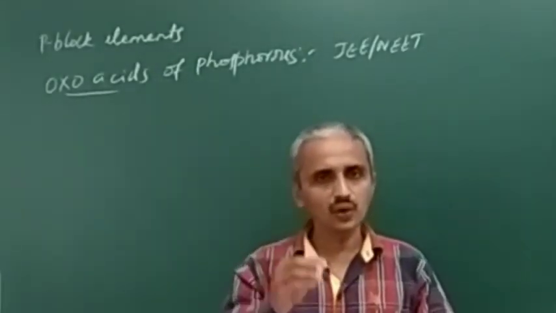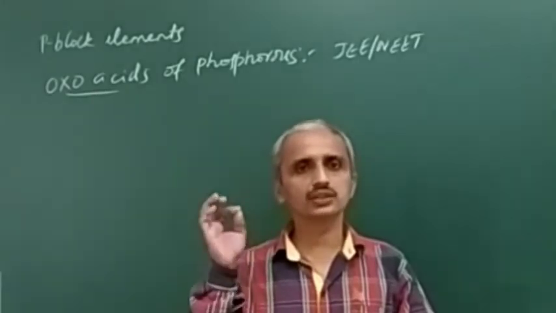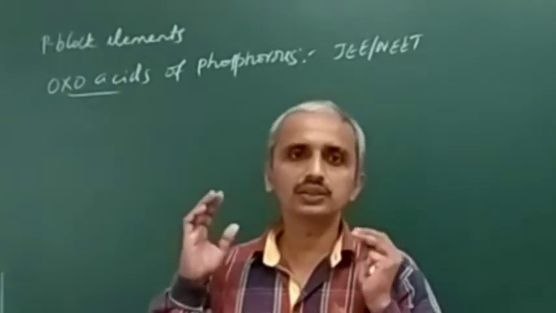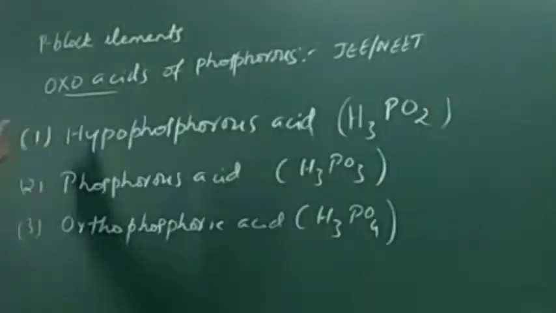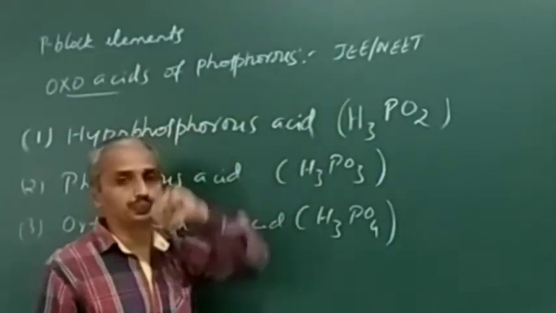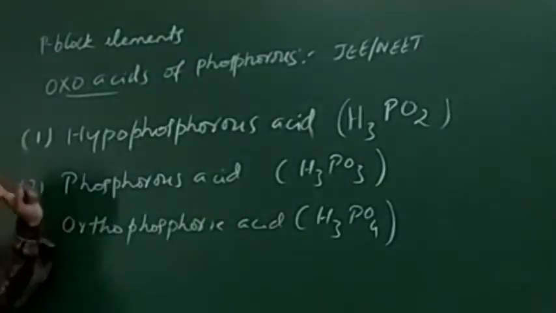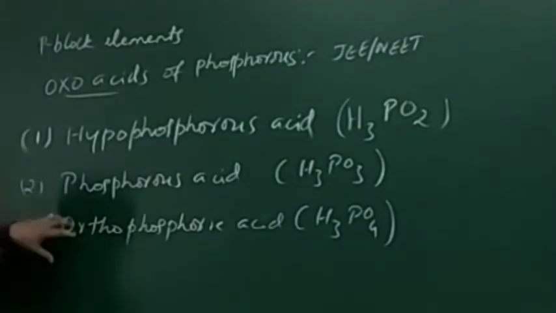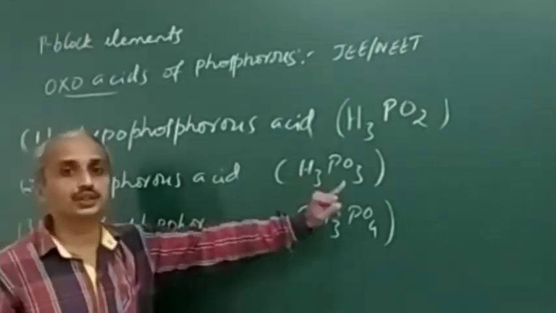First of all, we see which are the oxo acids of phosphorus. The oxo acids of phosphorus are: first one, hypophosphorus acid, H3PO2. Second one, phosphorus acid, H3PO3. Third one, orthophosphoric acid, H3PO4.